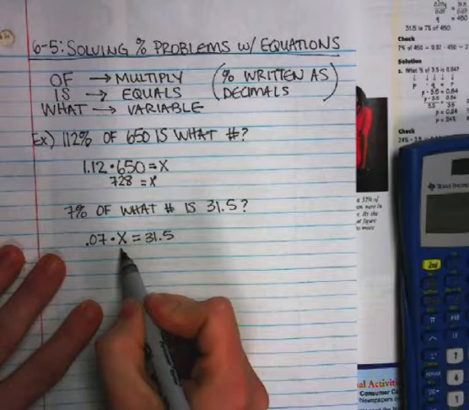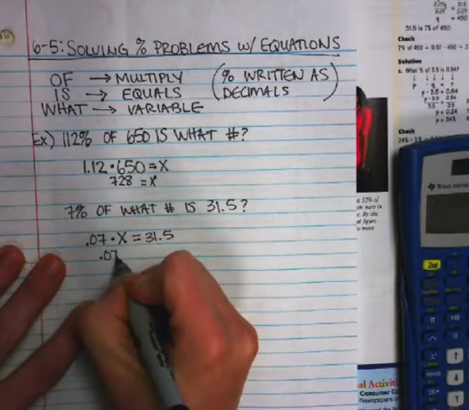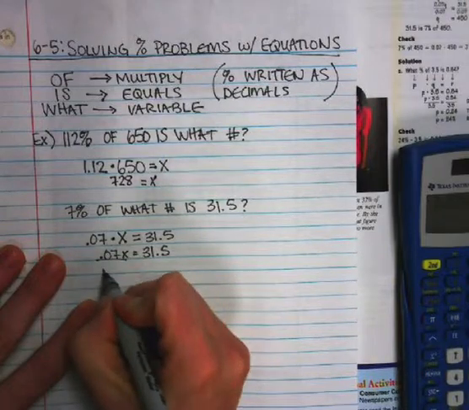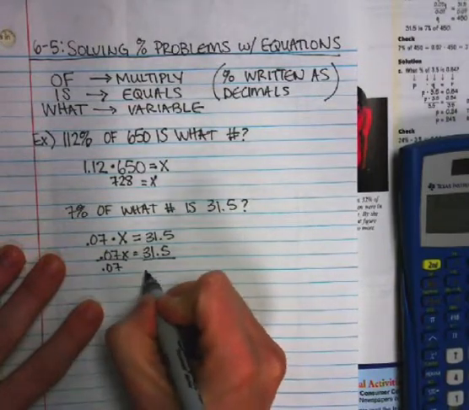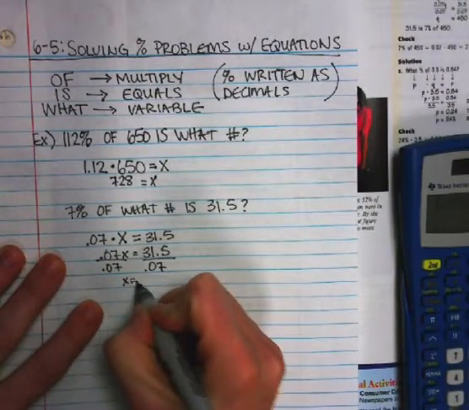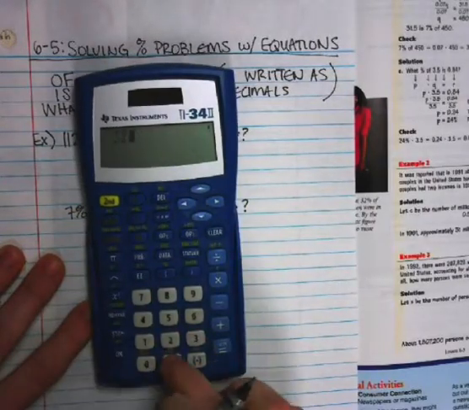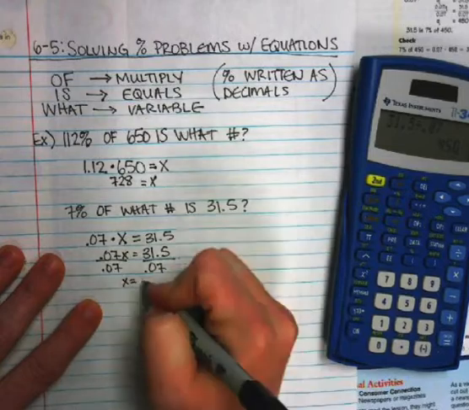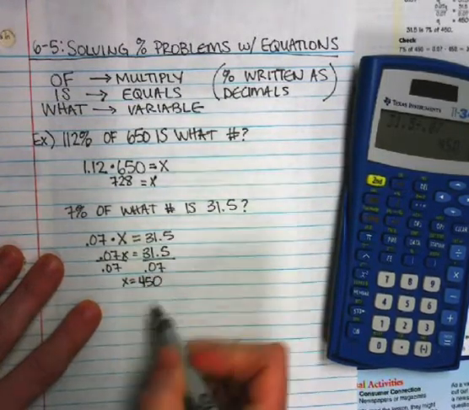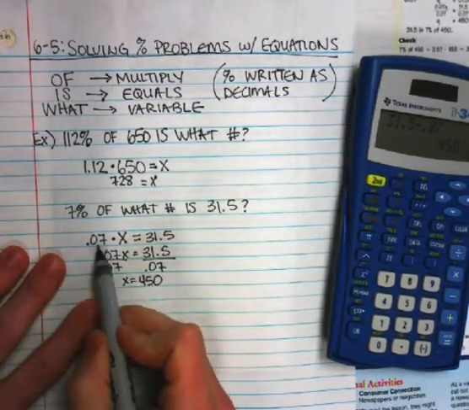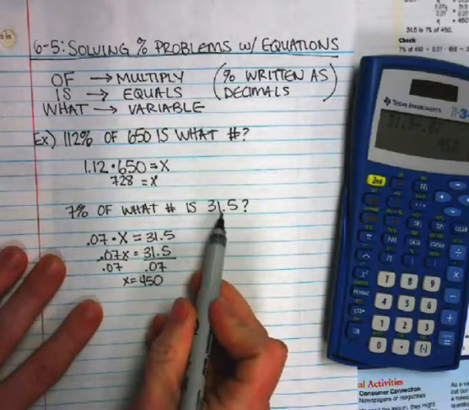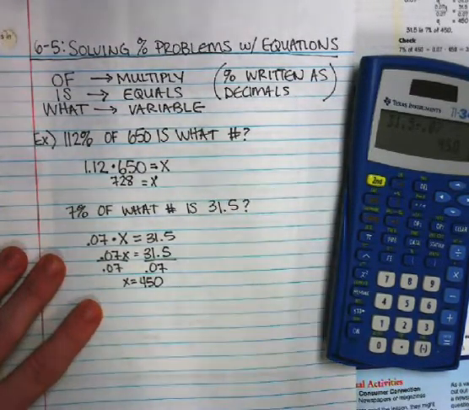Here you'll see that we have 0.07x equals 31.5, so we have to go ahead and divide. We get 450. Again, check to see if that makes sense. 7% of 450, would that make sense? That's 31.5? Yeah, I think that makes sense.